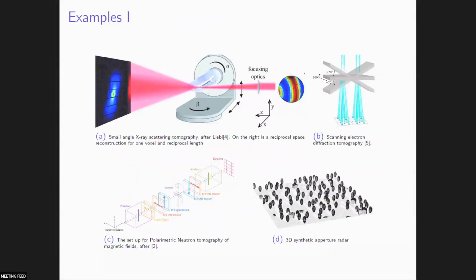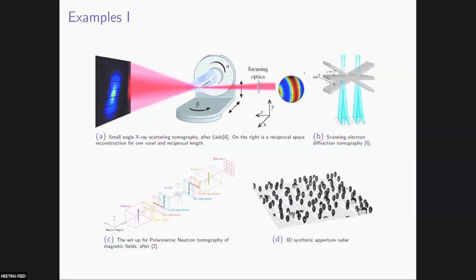So some pictures here. First of all, this is called SAX, small angle X-ray scattering tomography, and the image is taken from Liebling, reference 4. So the point is synchrotron X-ray sources are setting themselves up to do this. They're investing hugely in this technology.